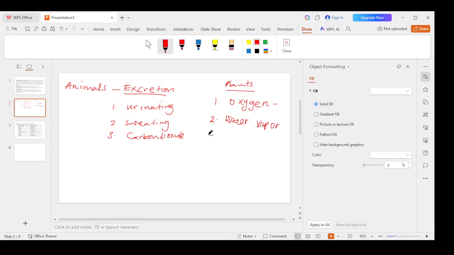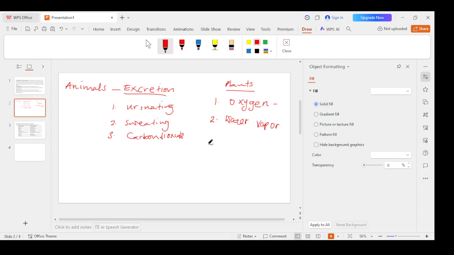I think these two are enough. Let's look at the summary of what we have discussed. For movement, examples are heartbeat and leaf folding. Then we have locomotion, the movement of the whole organism, for example walking or swimming.